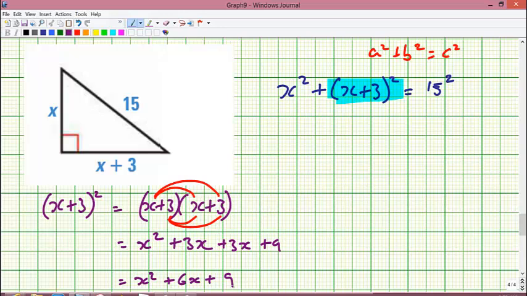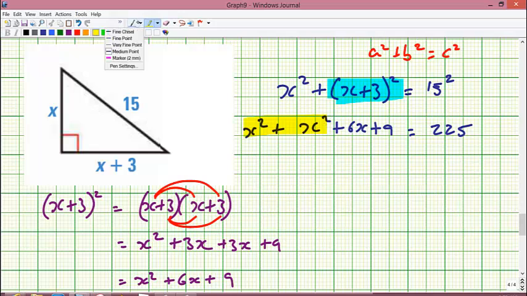So let's put that into our expanded problem. We would start with the x squared, then the x squared plus 6x plus 9, and 15 squared is 225. We would need to combine like terms. So here we're combining x squared and x squared. So let's simplify this expression.